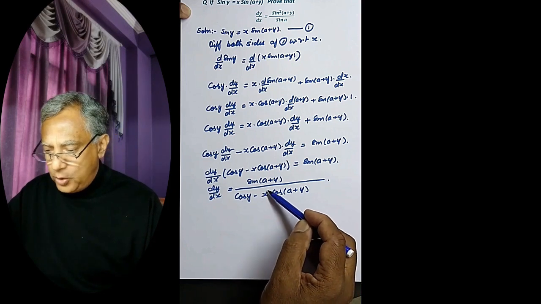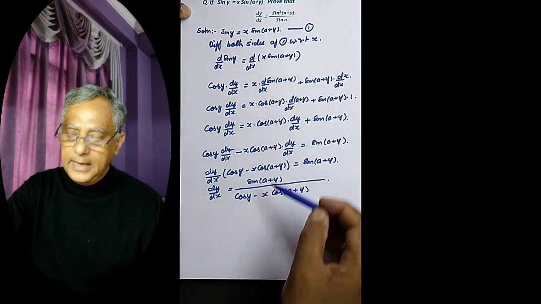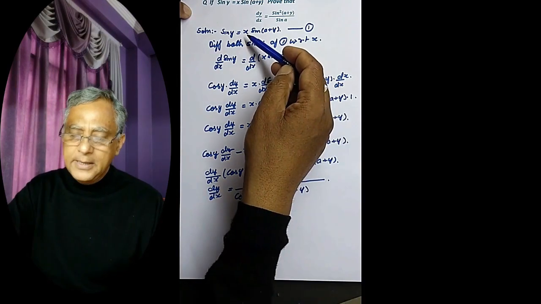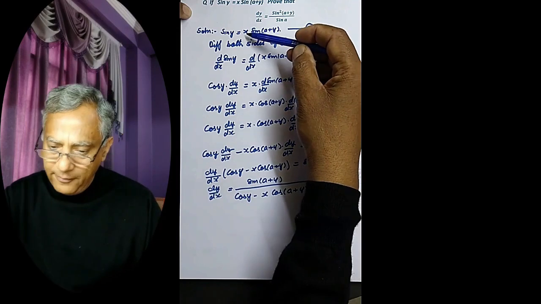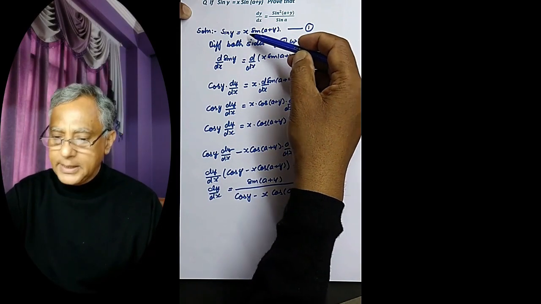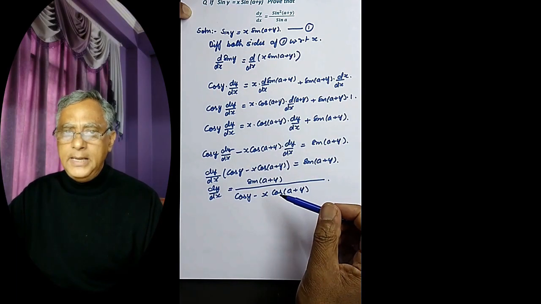So we have to eliminate this x in order to get this answer. Generally in such questions we make use of the given relation. From the given relation, x will be sin y over sin(a + y), and we substitute this value of x in this equation, and we will get the result.